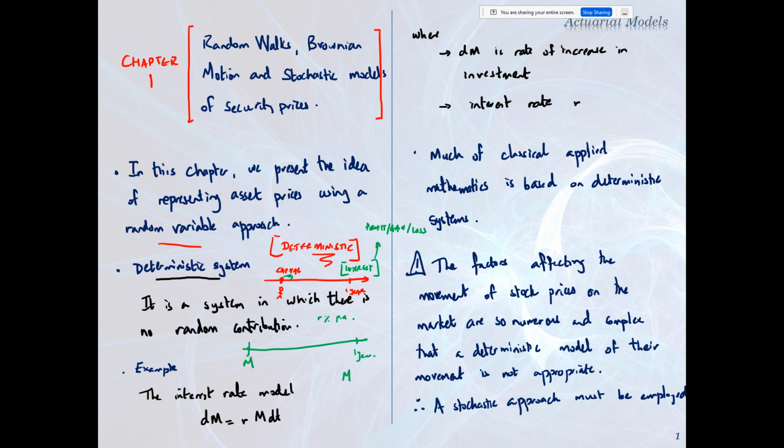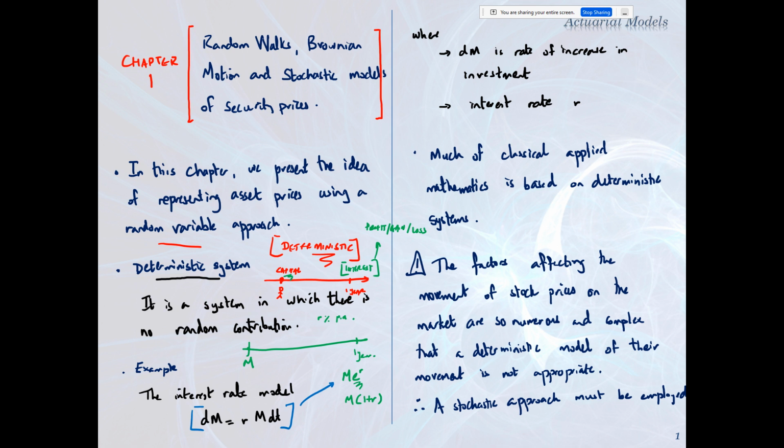It will be M times exponential of R times 1 year. Okay, so this is the continuously compounding interest rate. Otherwise, it will be this. I think you know this. So the interest rate model, which is deterministic, is given by this. So this is equivalent to this.